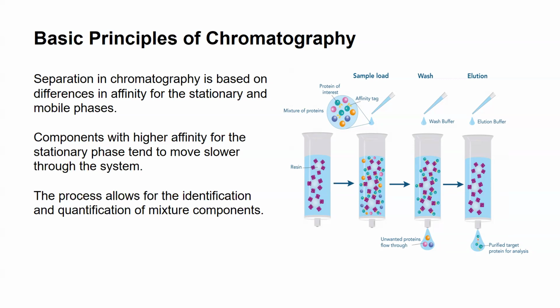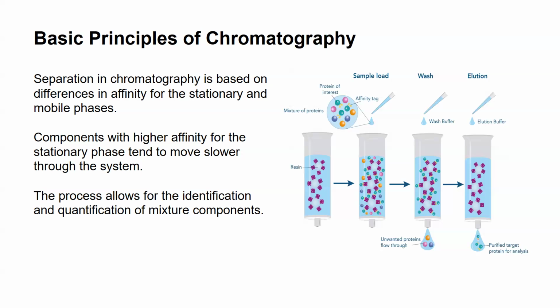Those that have higher affinity will be retained in the column, and those that have lower affinity will be eluted. The process allows for the identification and quantification of mixture components.